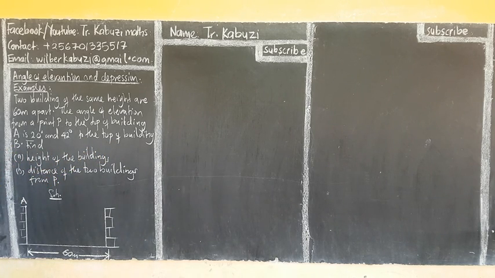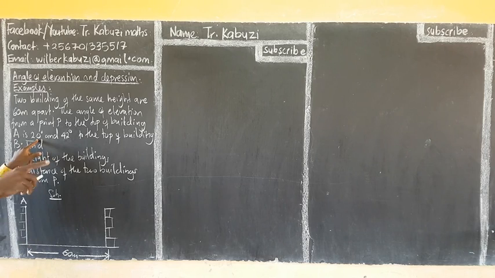By the way, if you have this as 45, it means this building is nearer to you. The nearer the building is to you, the higher the angle of elevation. So this one is at a far distance from point P, and if something is far from you, the angle of elevation is going to be smaller.